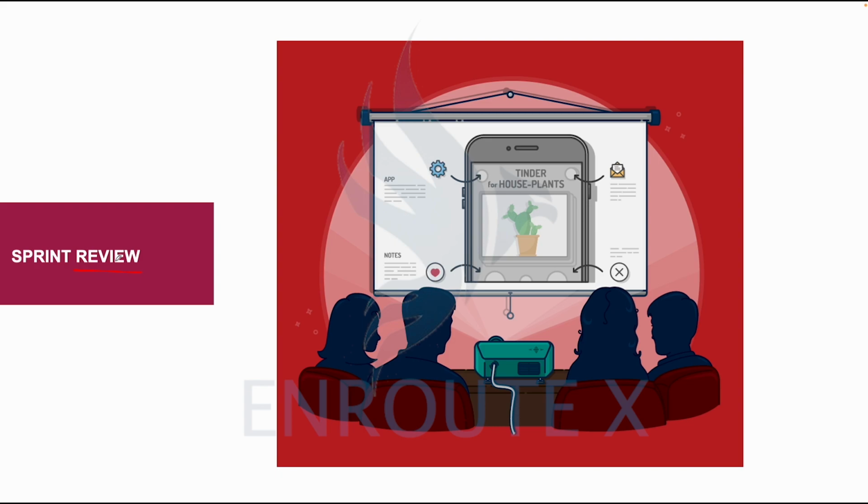So what's the sprint review? In the duration of a sprint, the team has been able to generate a value. It is now time for the team to meet with the stakeholders and present what they have developed, the value they've been able to demonstrate.